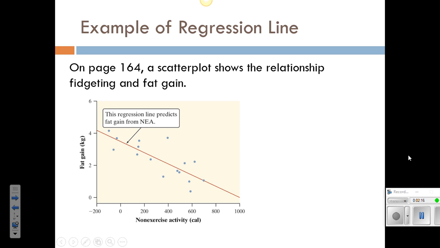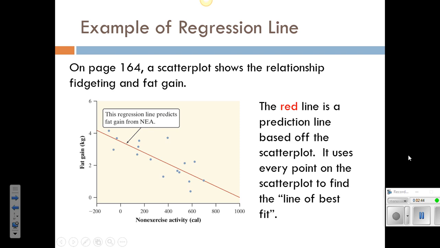But what they're saying here is that there is an association between your fidgeting and your fat gain. So what can you tell me from this scatter plot? The more calories you burn by fidgeting, the lower fat gain you're going to have. So it's going to decrease your fat gain as the calories burned by fidgeting increase. Does that make sense? Okay.